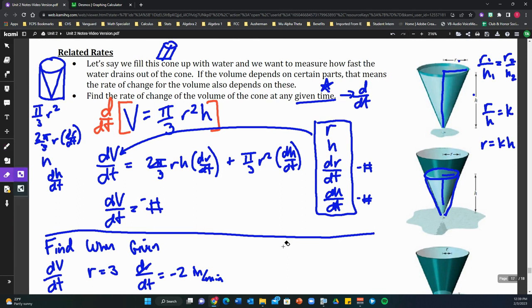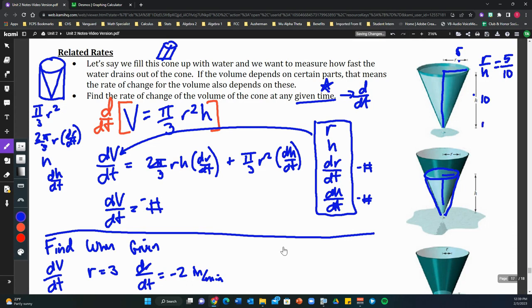Let's say that the original cone, when the cup is actually filled all the way up, has a radius of 5 and a height of 10. What that tells me right off the bat is my ratio for R over H is always going to be 5 over 10.